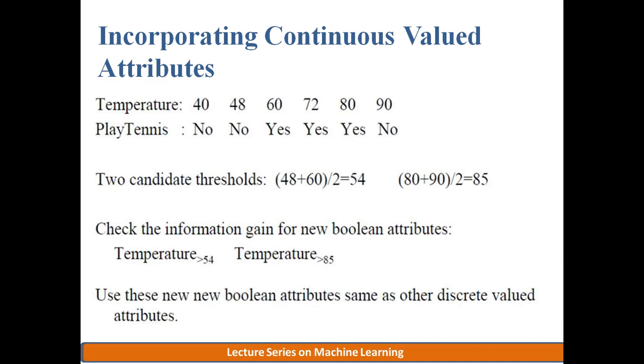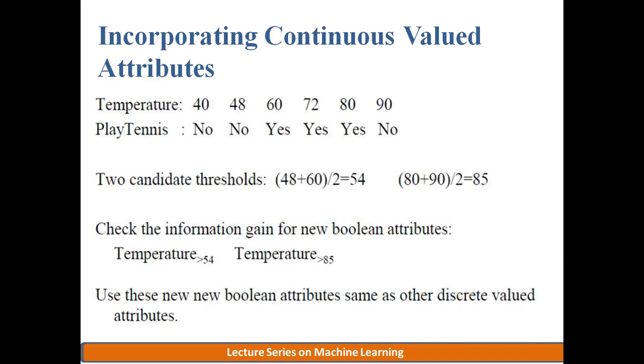These candidate thresholds can then be evaluated by computing the information gain associated with each. For this example, there are two candidate thresholds corresponding to the values of temperature at which the value of PlayTennis changes, that is (48+60)/2, which equals 54, and (80+90)/2, which equals 85.